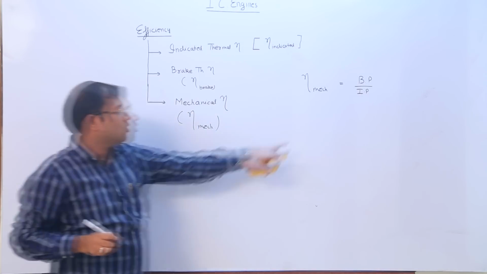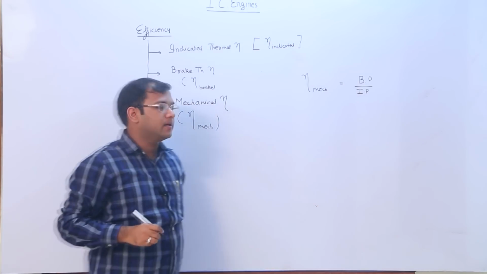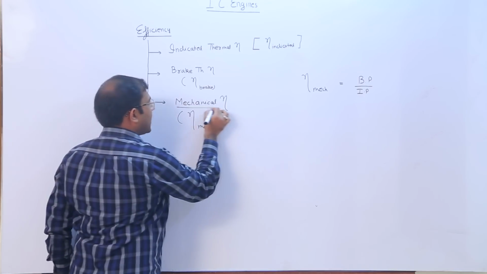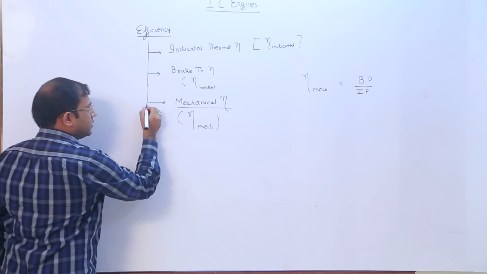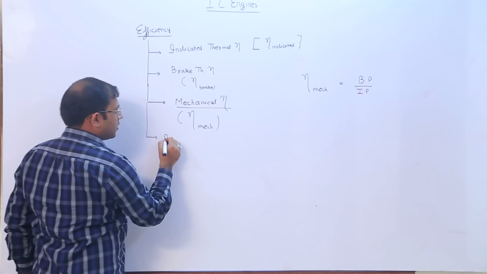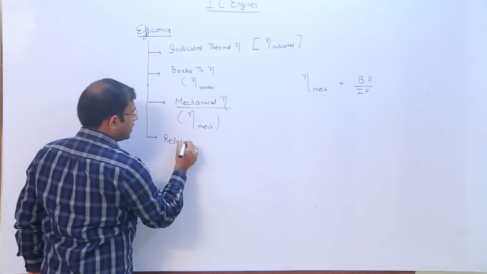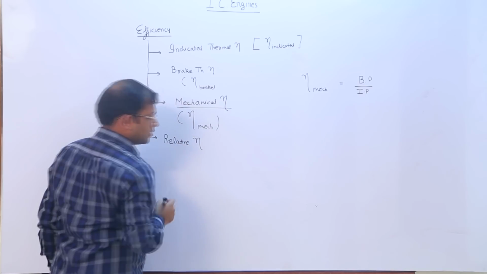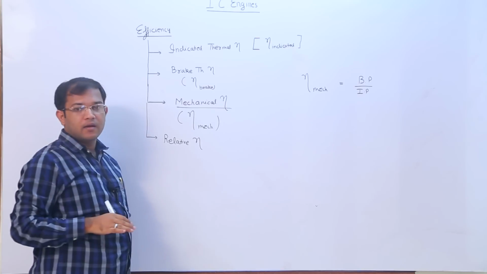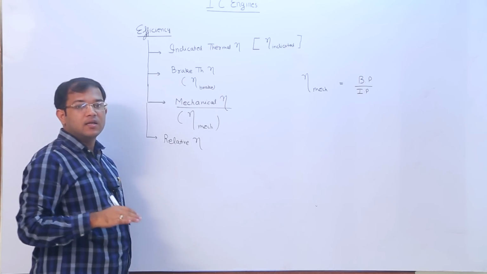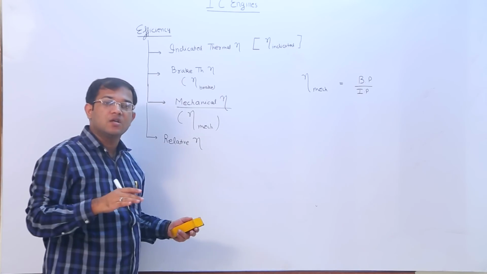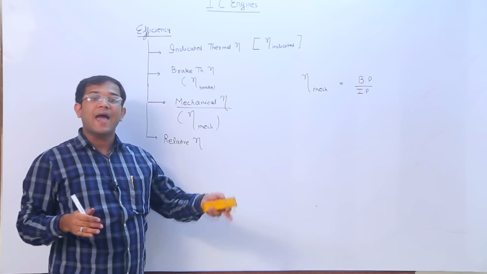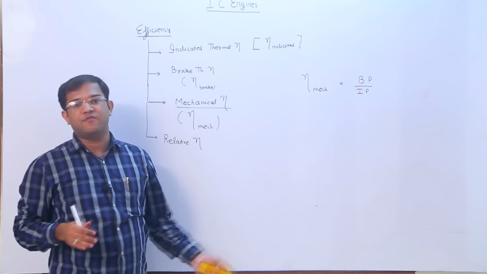Fine. The ratio of brake power and indicated power is nothing but your mechanical efficiency. The next we need to study is your relative efficiency. Now what do we mean by relative efficiency? See, it is nothing but the comparison of actual efficiency as compared to the maximum efficiency.